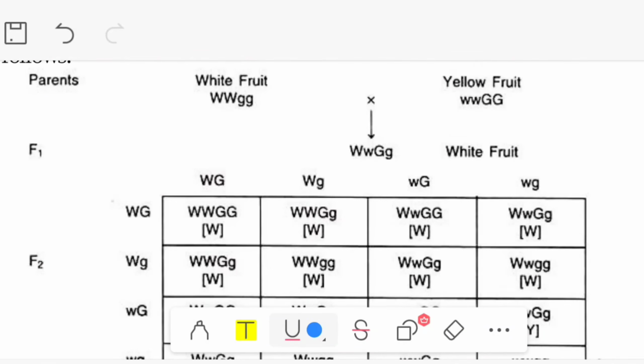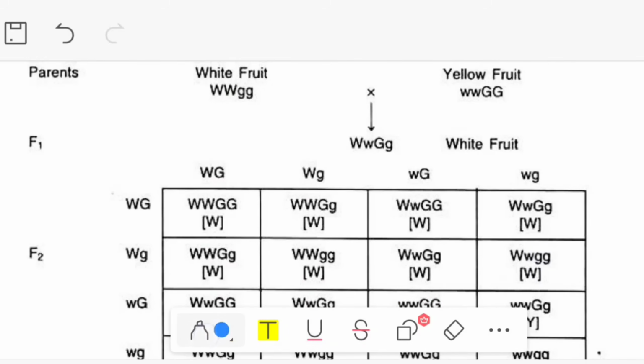First, dealing with the parents: for white fruit you should have capital W and small g, or for yellow fruit small w and capital G. The hybrid or F1 will be capital W small w and capital G small g, and the phenotype matches the dominant parent: white fruit.